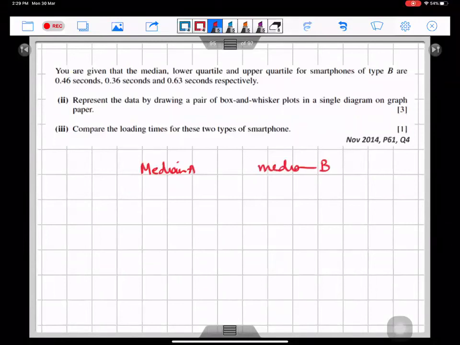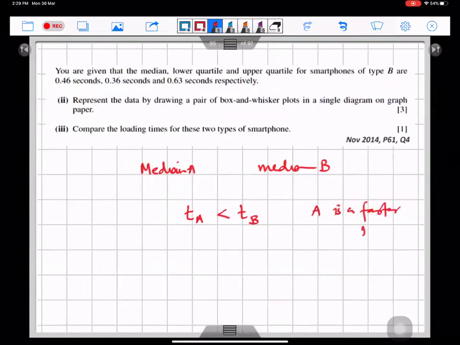For example, without looking at the values, if the median for A is smaller than the median for B, these are the times. That means phone A is faster. If the time for A is lesser than time for B, therefore A is a faster phone.